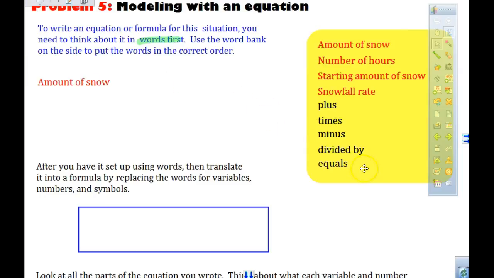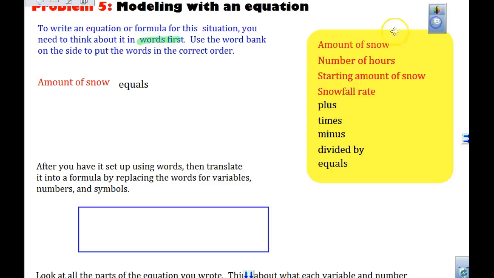So please put amount of snow. And you're going to put equals. What do we know the amount of snow equals? So we are looking at the number of hours, the starting amount, the snowfall rate, and then they give us our operations, okay?